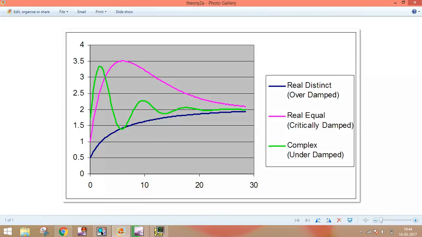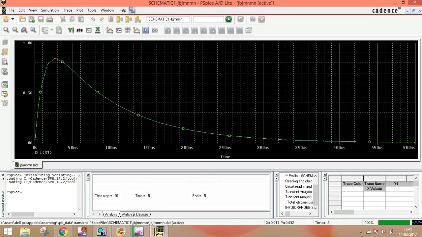You can see in overdamped the dome is the same, the last point is the same, and the dome is slightly below this critical one, because our overdamped response lies above this dome.